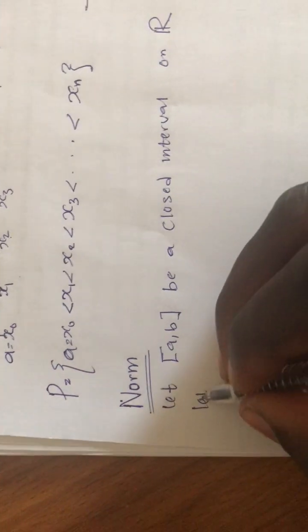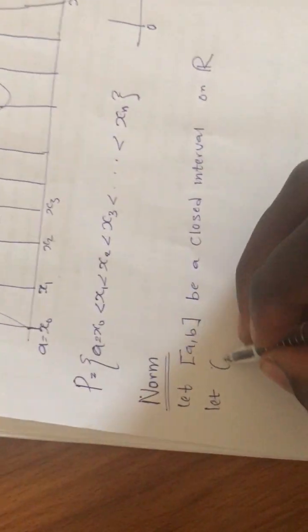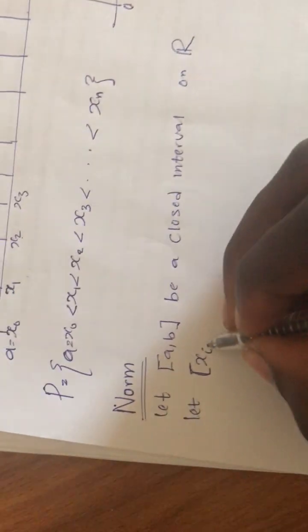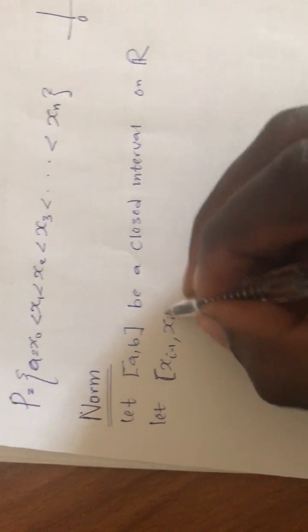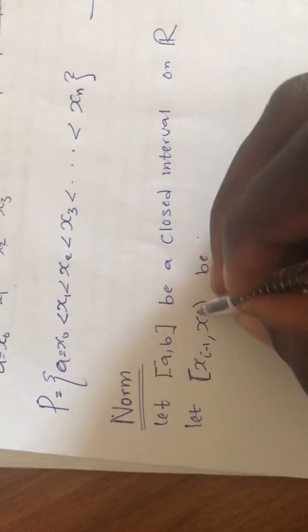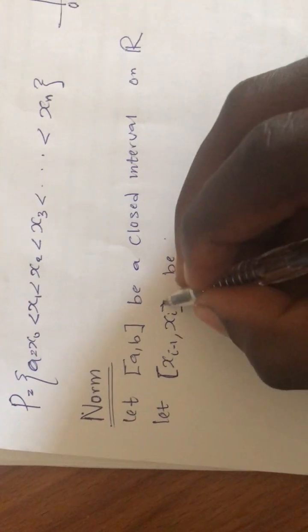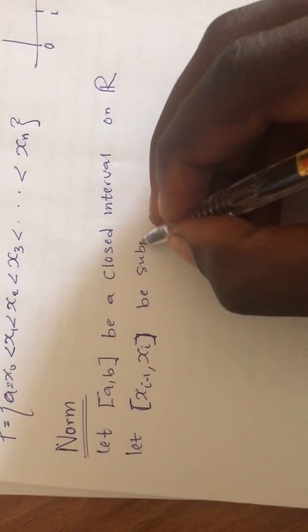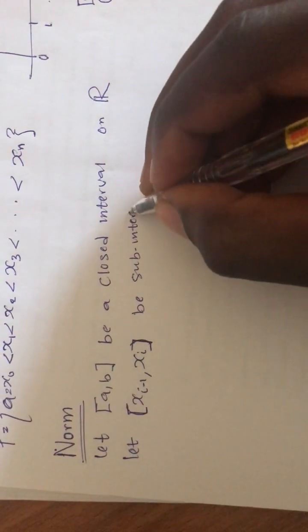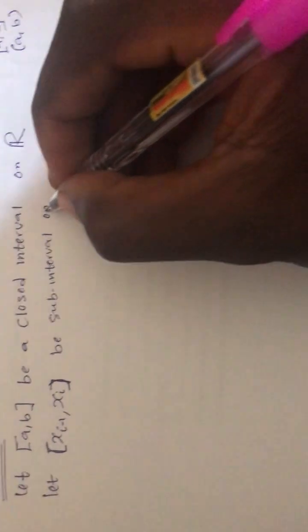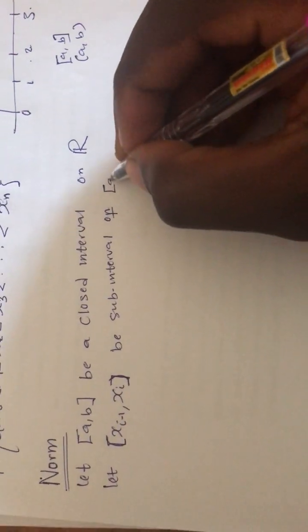Now let's have a sub-interval under a and b. Let this be a sub-interval of [a, b].